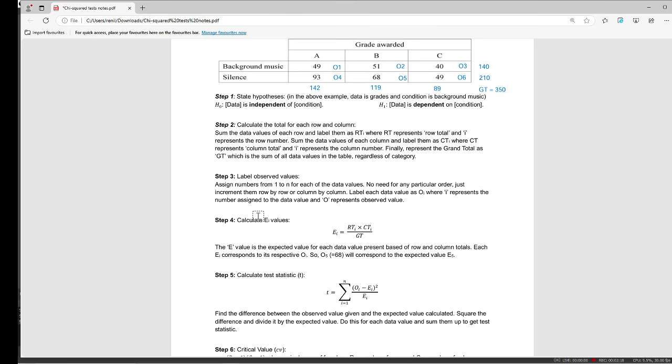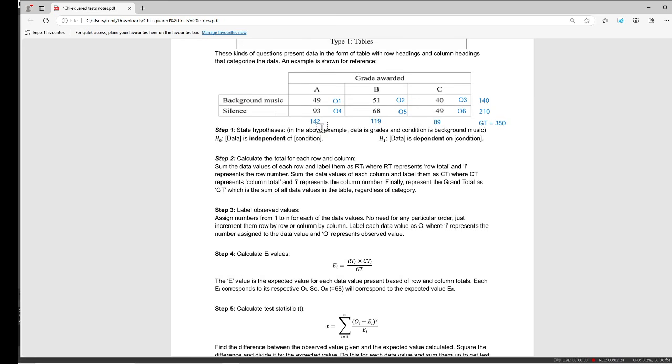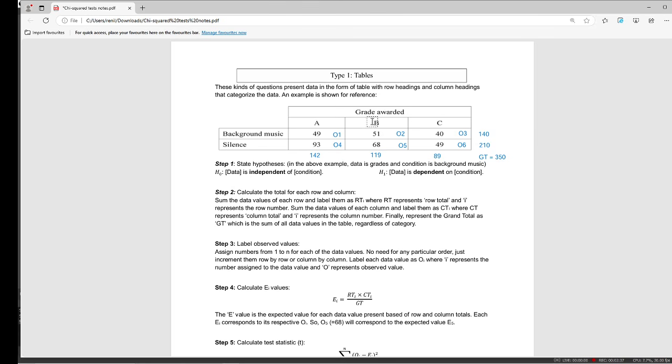Now step 4 is to calculate the expected values. How do we do this? It's very simple. What we need to do is calculate the corresponding row total and the column total, and then we multiply them together and divide them by the grand total. That is how we solve this. So in our example here, if we wanted to calculate the expected value of 51, firstly our row total would be 140.